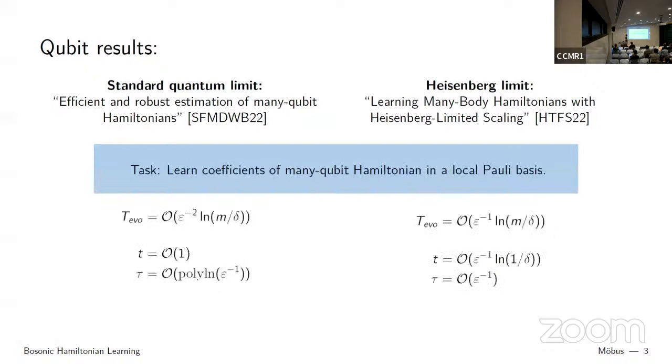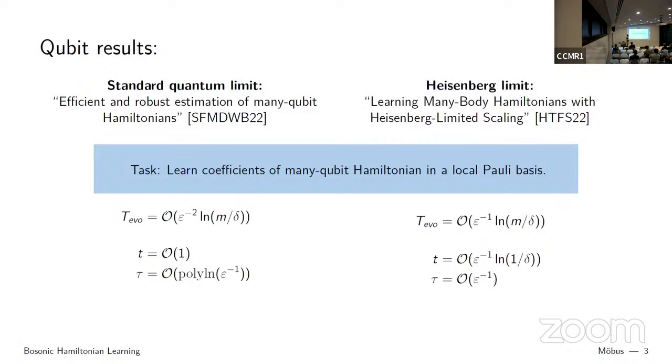There the task is that you have a many-qubit system and a Hamiltonian, which you express in a Pauli basis, and you want to learn the coefficients.